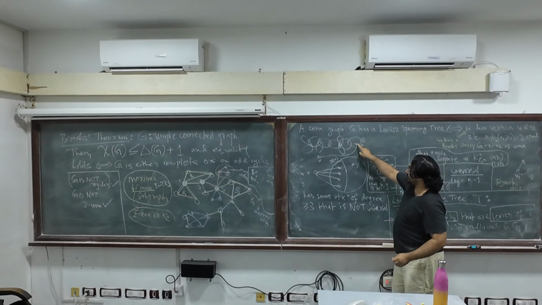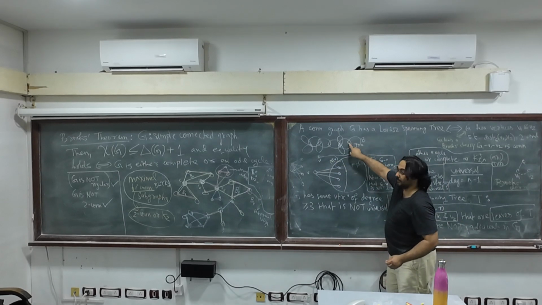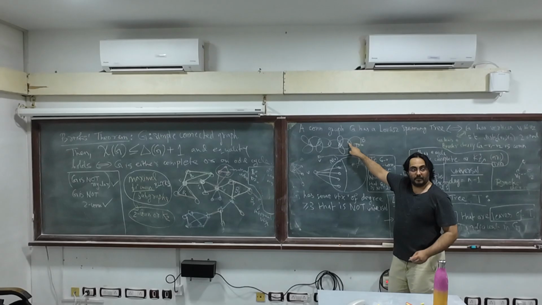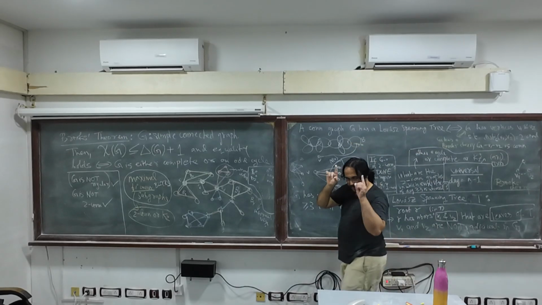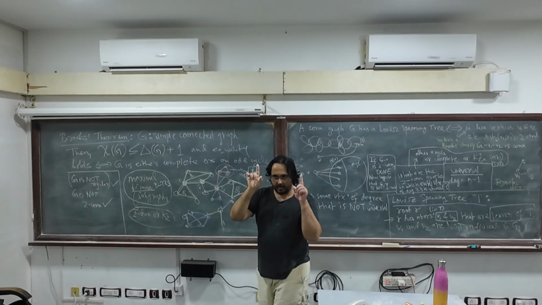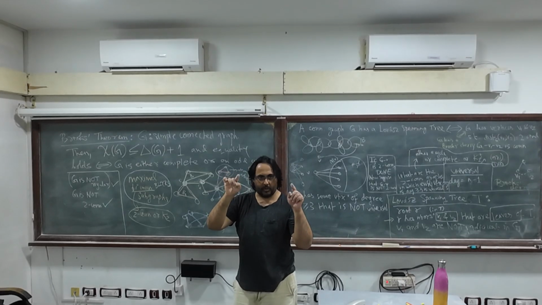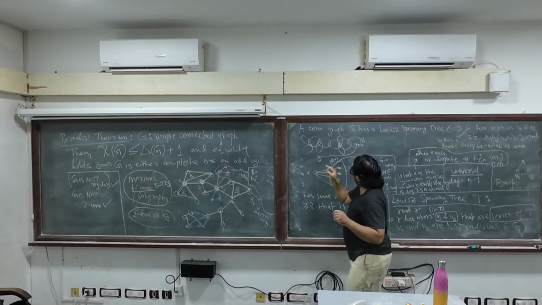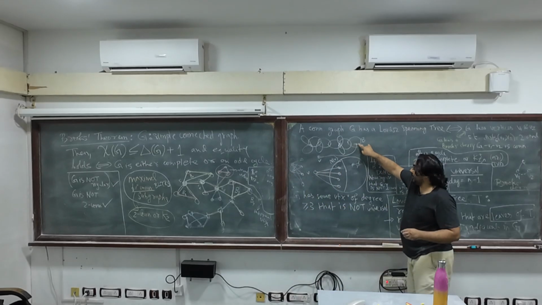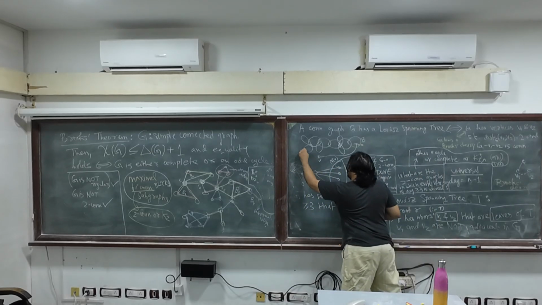If there is no such edge from V, then this vertex will be a cut vertex in the graph G itself. For every end block of G minus V, there is an internal vertex of that end block that is a neighbor of V in the original graph G. Otherwise, G itself is not 2-connected. Does that seem believable? Okay, so this end block there will be a neighbor, and this end block there will be a neighbor.